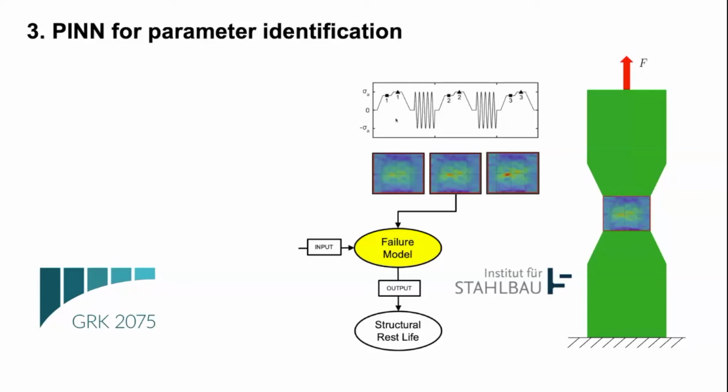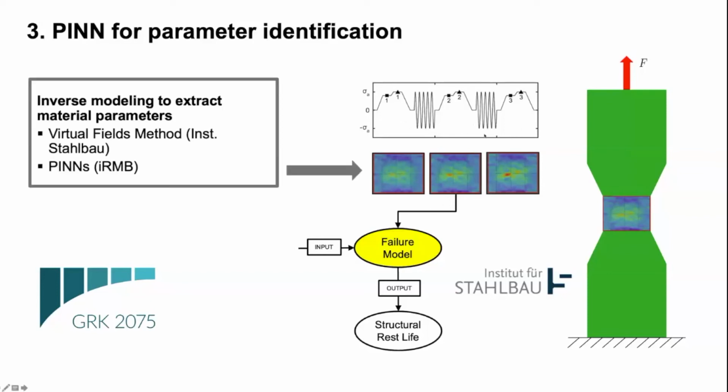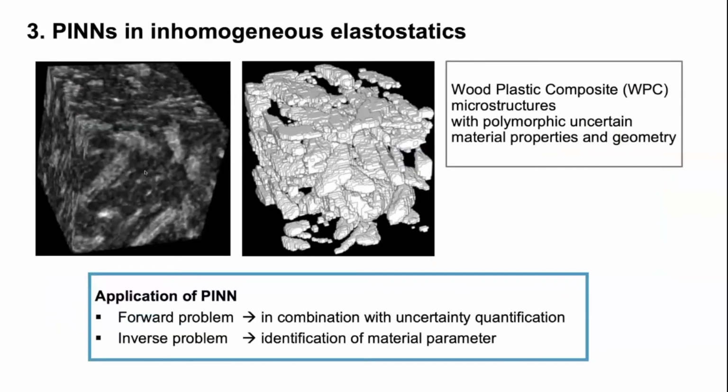So we just want to monitor in a certain way the parameter evolution with time. For that, we need inverse modeling in order to explain the material parameters. What the Institute for Stahlbau is using is the virtual fields method. And here at IMB, there's a student, David Anton, a doctoral student who wants to apply that with the physics-informed neural networks. This is also recent ongoing work.